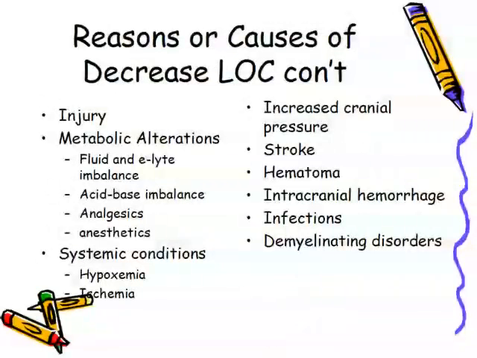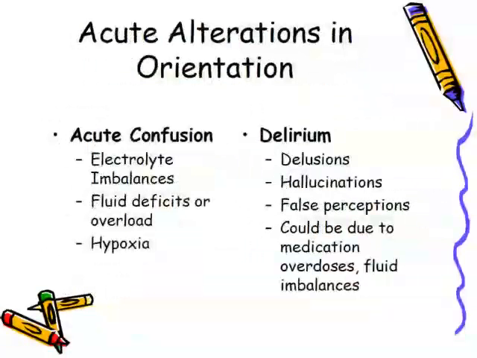Patients with increased intracranial pressure also will have a changed level of consciousness, as will those patients who've suffered from stroke, hematoma, infections, or demyelinating types of disorders, which we're going to talk about later in the neuro lecture.